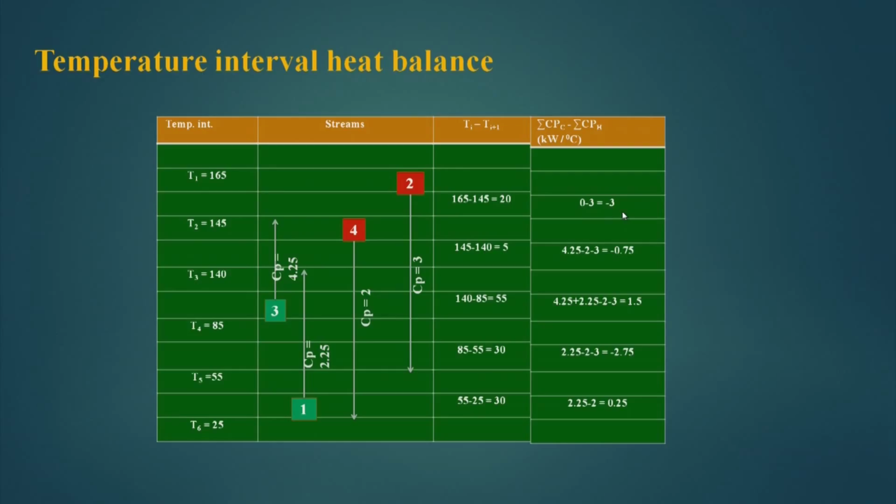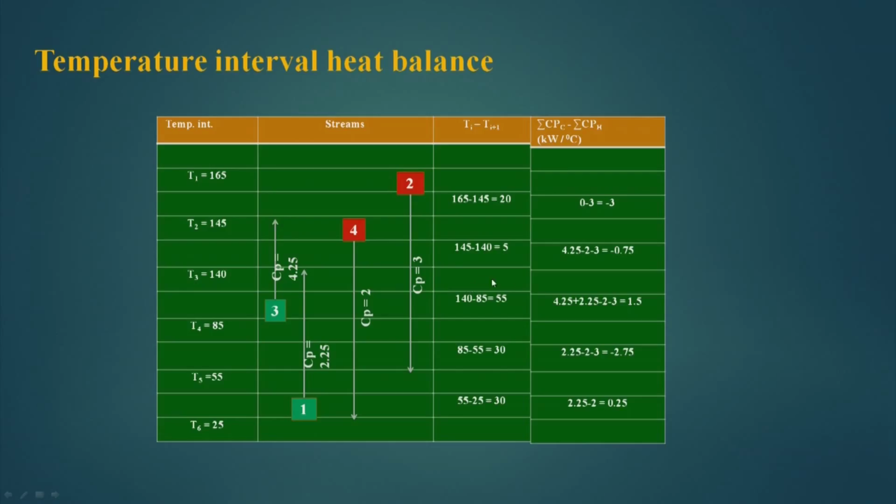So, minus 3 here, and in this interval there are 2 hot streams available and 1 cold stream. So, this is 3 plus 2, 5. Cold is 4.25 minus 2 plus 3, 5. So, this becomes 0.75.